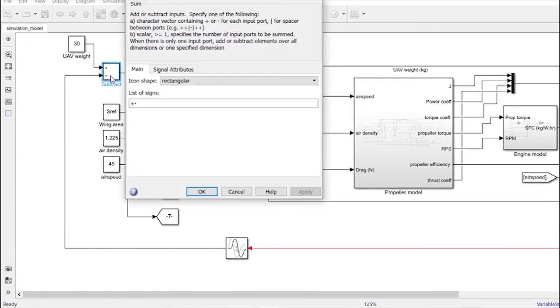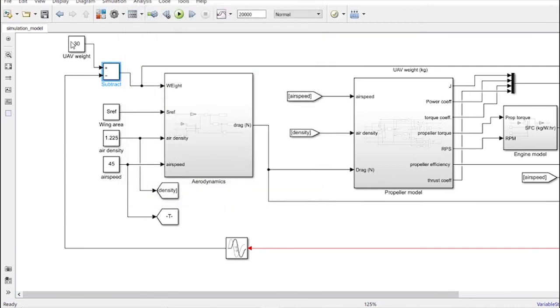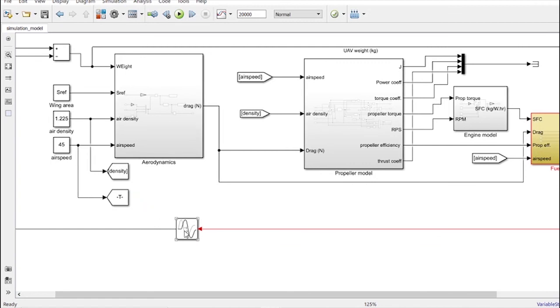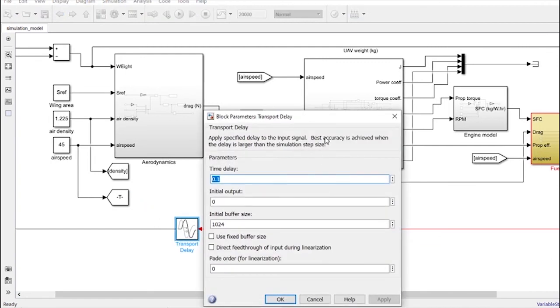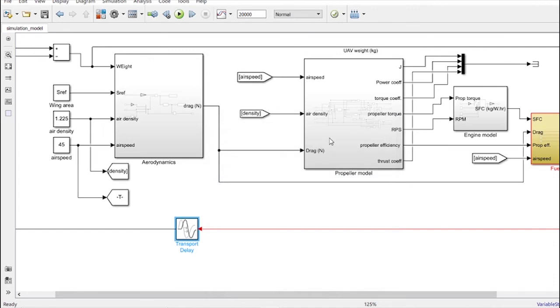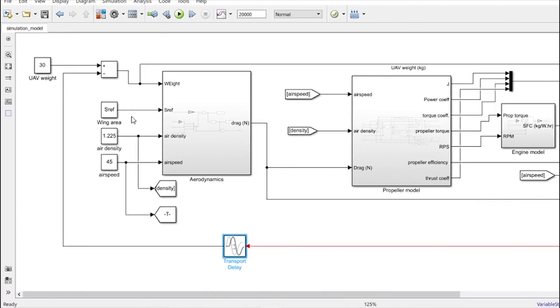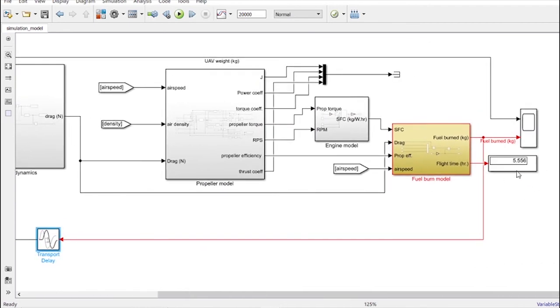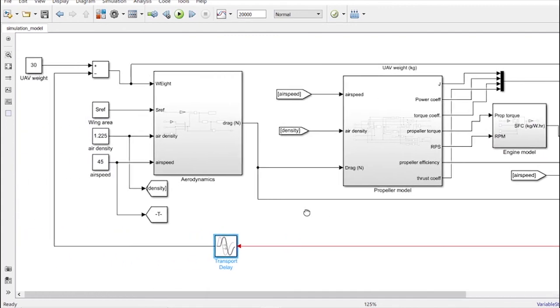This subtraction block subtracts the value of the fuel burn from the initial weight. I also use a transport delay block here because at the start of the simulation we would encounter some kind of problems because we don't have the fuel burn value available.